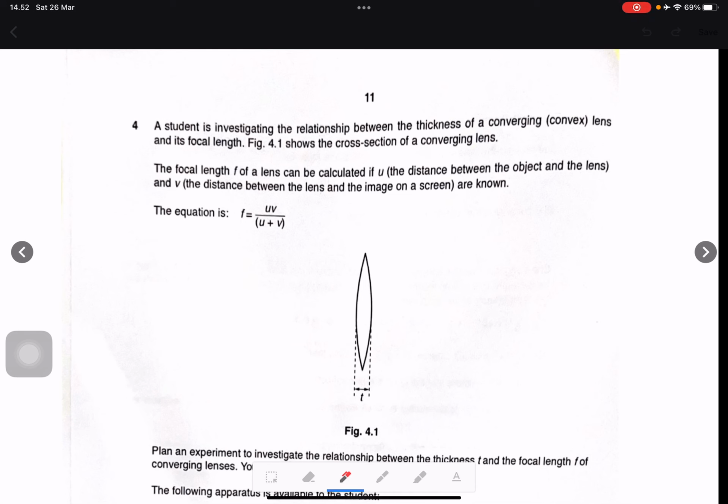Figure 4.1 shows the cross section of a converging lens. The focal length f of the lens can be calculated if u, the distance between the object and lens, and v, the distance between the lens and the image on the screen are known. The equation is f equals uv divided by u plus v.